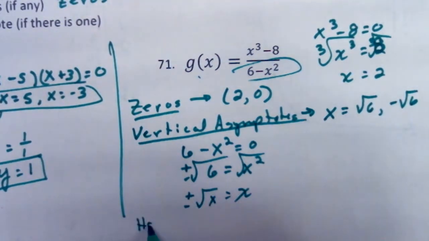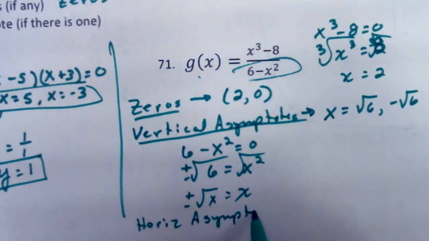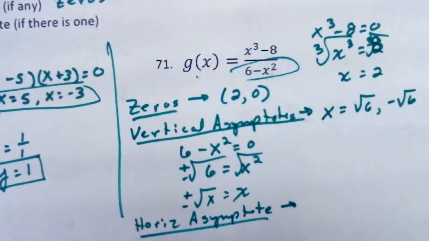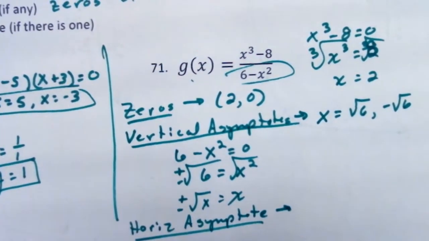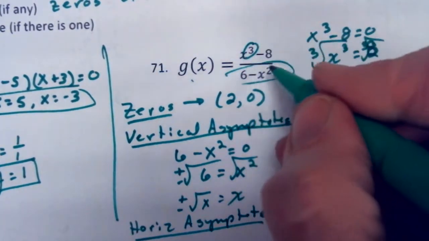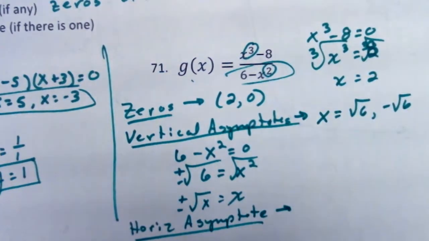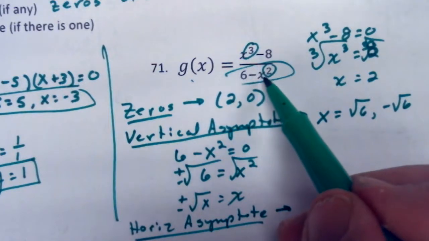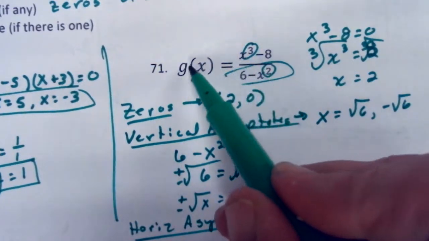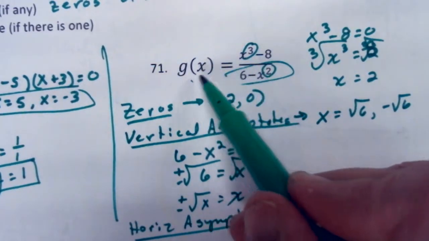Now, horizontal asymptotes. Okay. Now, the degree in the numerator is 3. The degree in the denominator is 2. Since the degree in the numerator is larger, as x gets larger and larger, so will the function g of x.